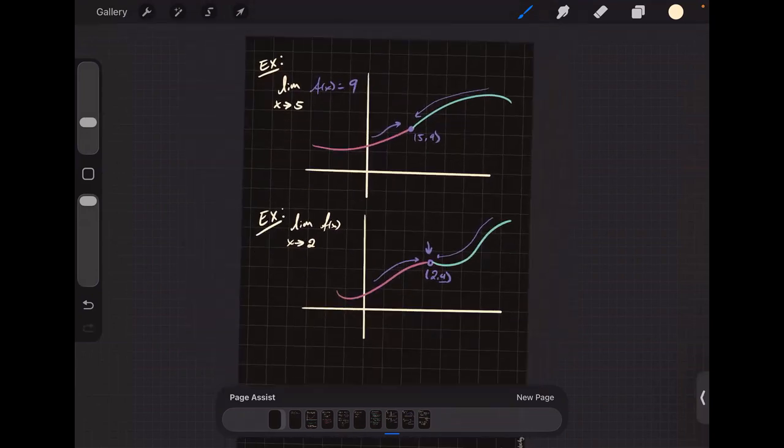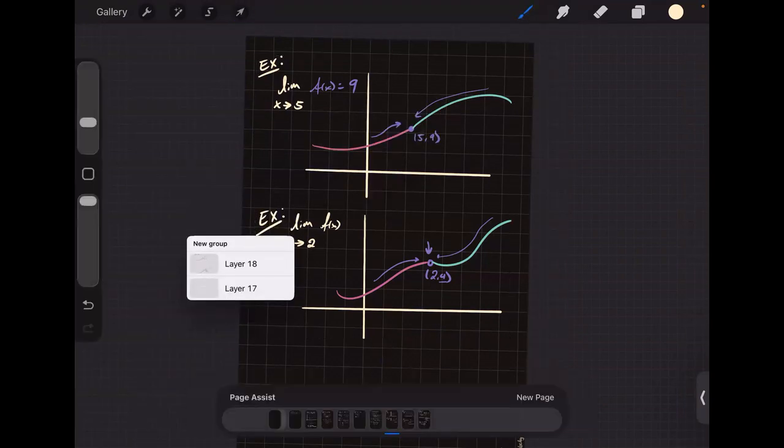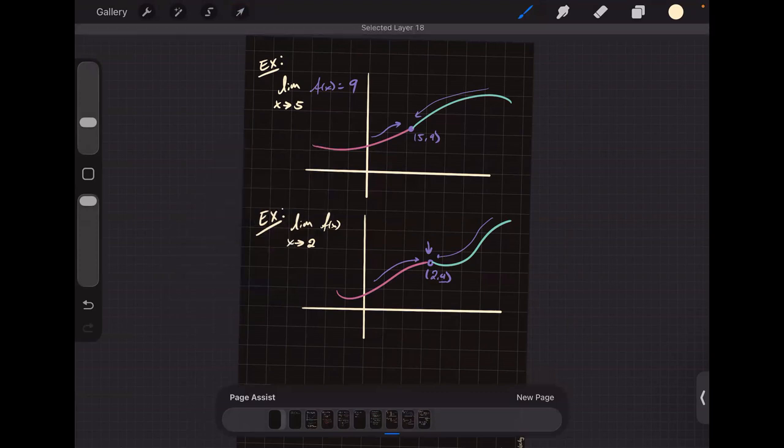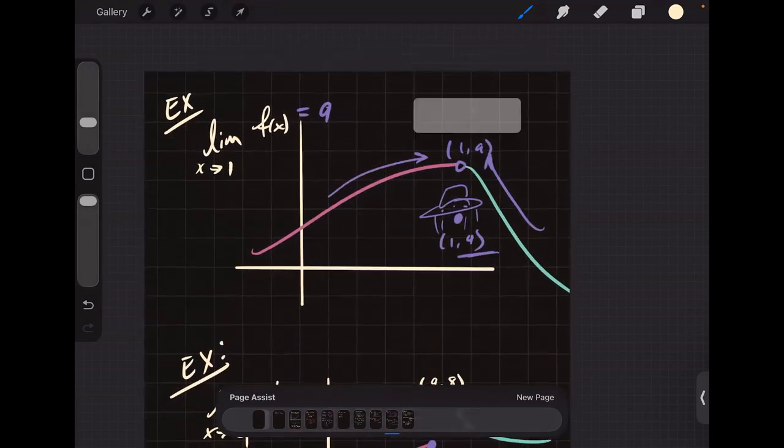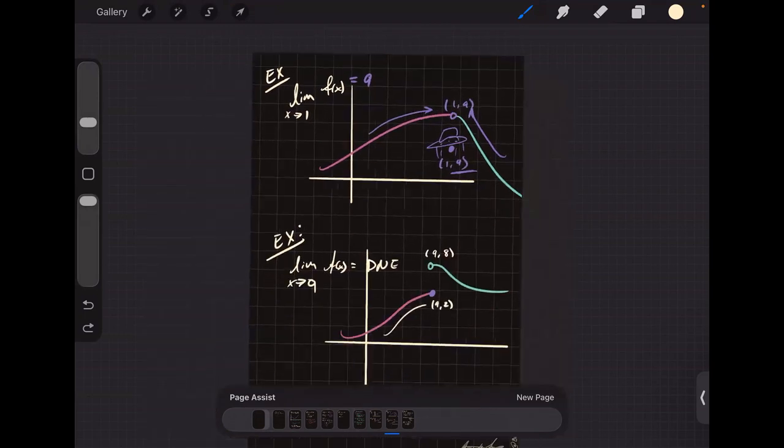Here is our example number 1. The limit from the left follows the pink side, the limit from the right follows the blue side. I'm going to have you guys just stare at it and convince yourselves it's true. Here's another example. If you notice here, the function's defined at 1, but that's okay.